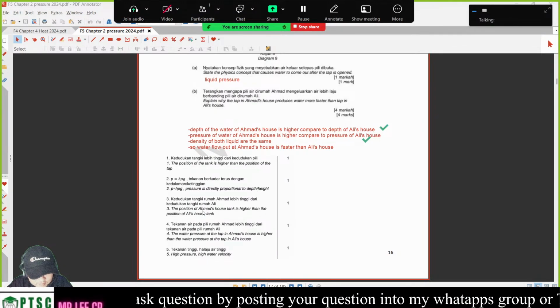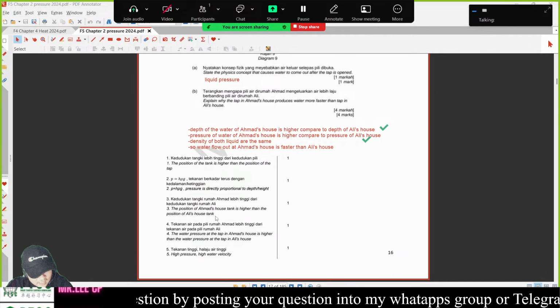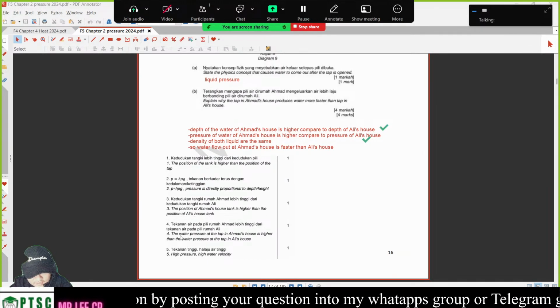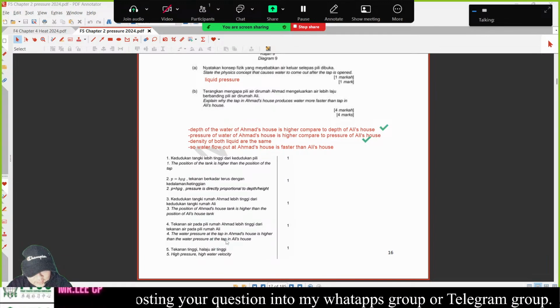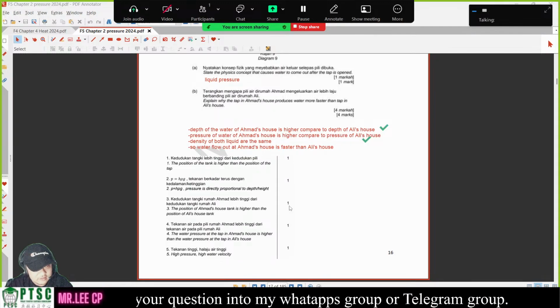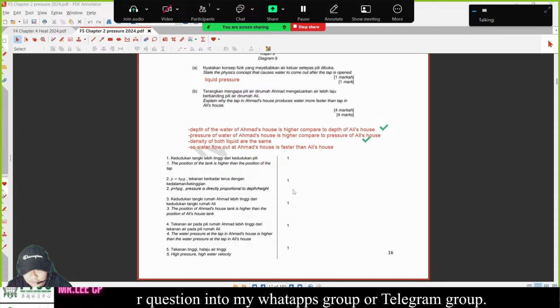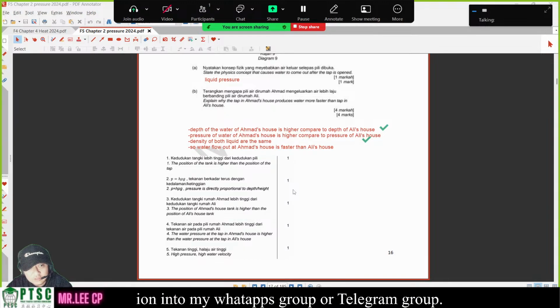Third mark, Ahmad's house tank is higher than Ali's house tank. Lastly, the water pressure at Ahmad's house is higher than at Ali's house, and higher pressure means higher velocity. These 5 marks you can get. They will choose the best 4 for you.